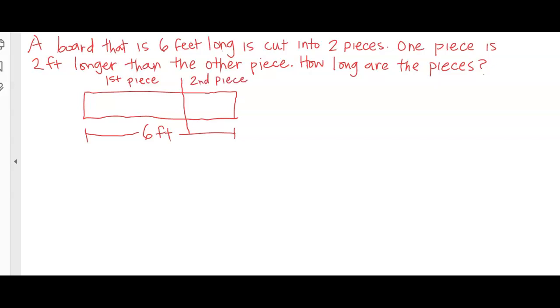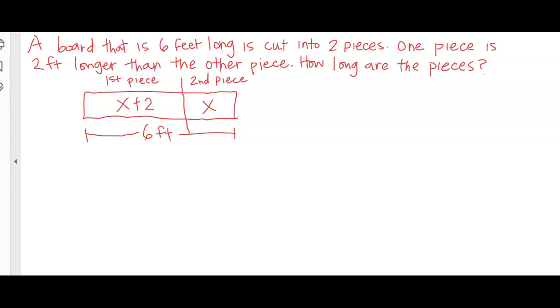Now, I don't know how long this second piece is, so again that's going to be my x, as this is the other piece we're talking about. But we do know the relationship is that this first piece is 2 feet longer than the other piece. So this piece must be whatever the second piece is, plus 2 more feet.